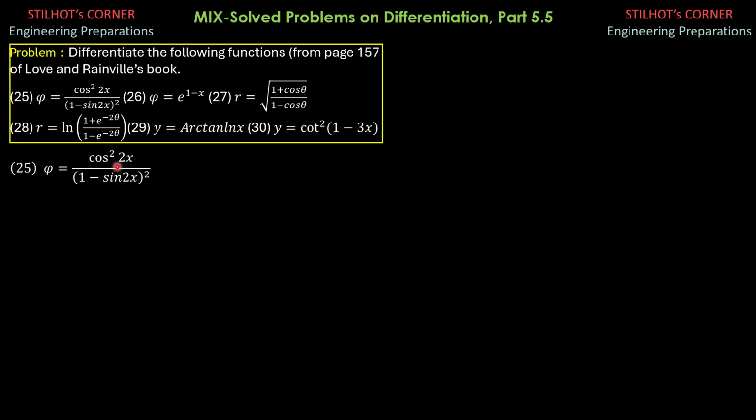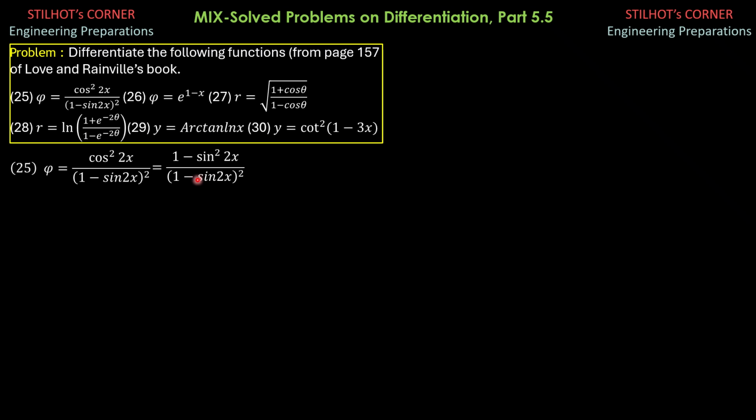But let me just use algebra first. The numerator is rewritten as 1 minus sine square of 2x. The denominator is written as is.